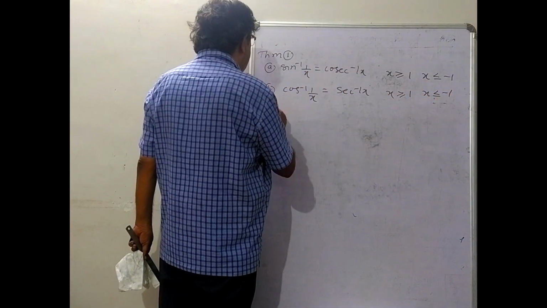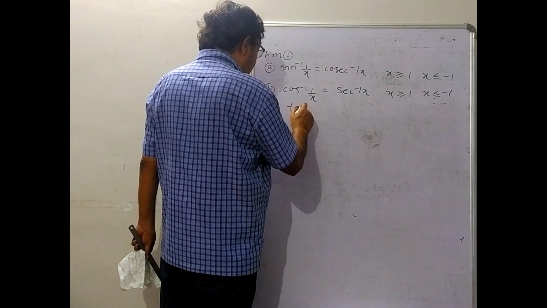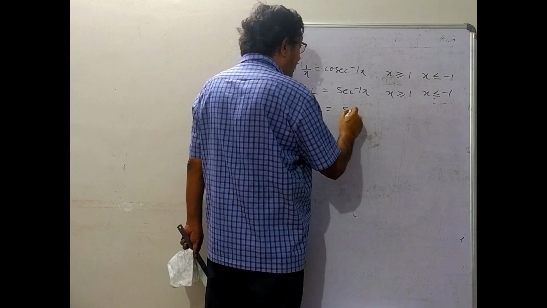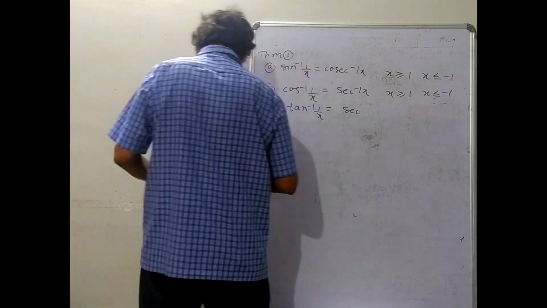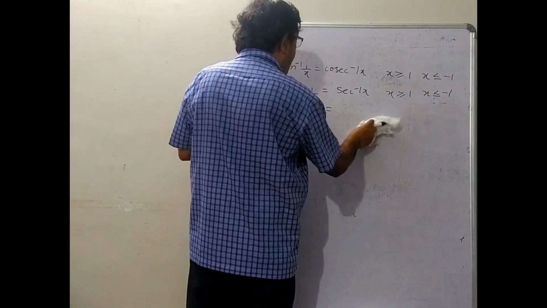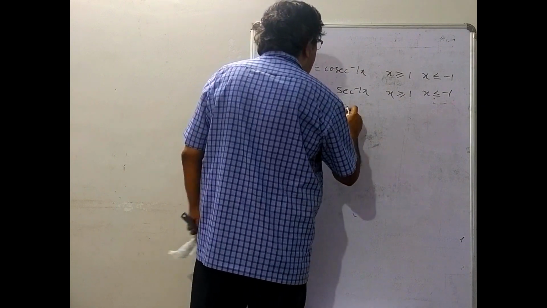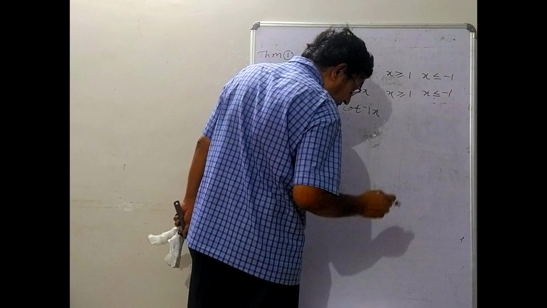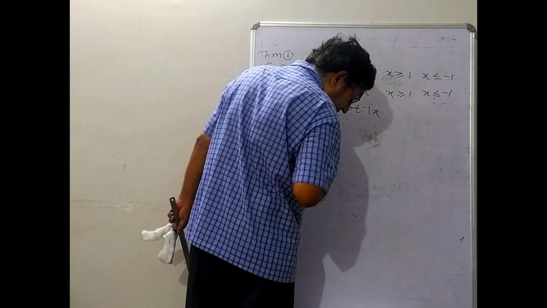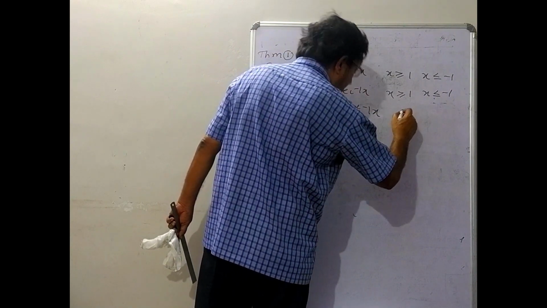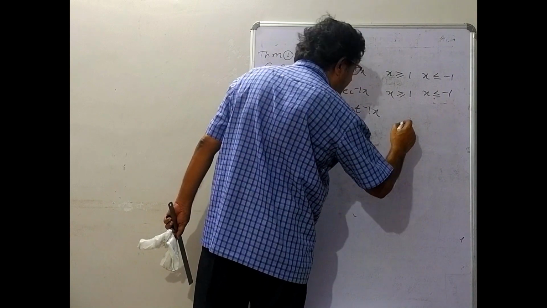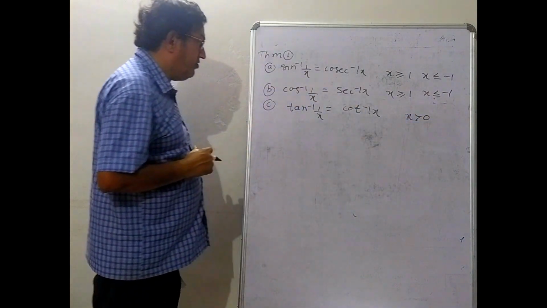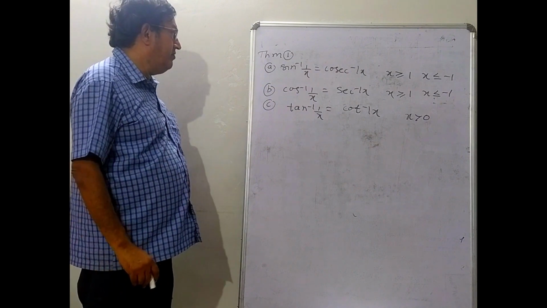And the third one is tan inverse of 1 by x is equal to cot inverse of x, for x greater than 0, or for x belonging to the set of positive real numbers.